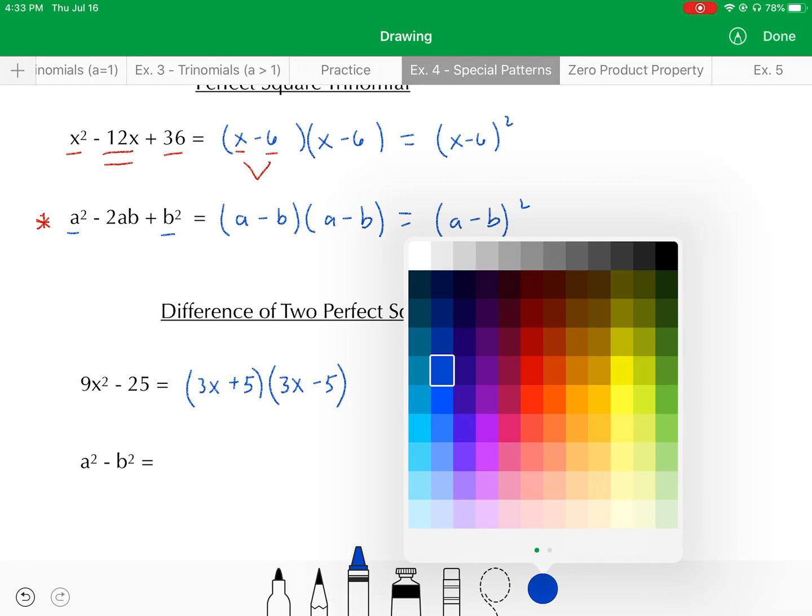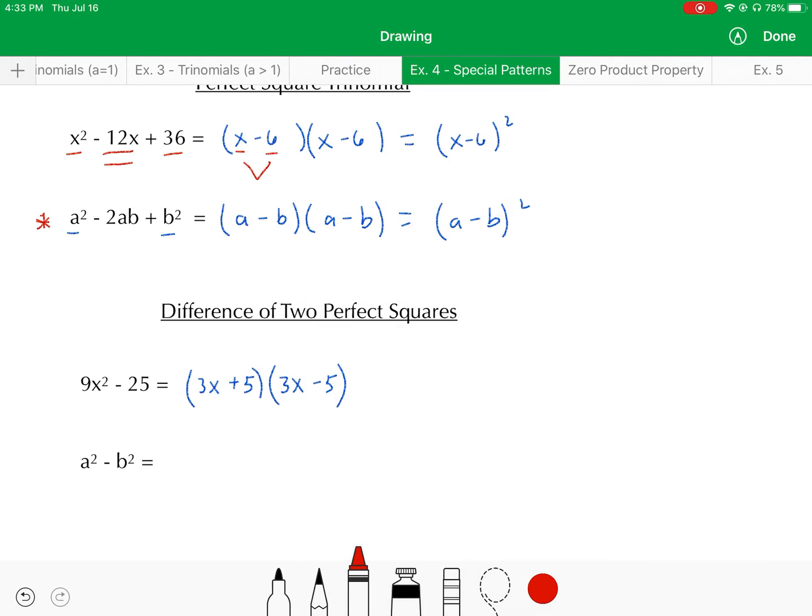And again, some relationships we want to notice here between each form. This term of 3x is the square root of the first term of 9x squared, and then this 5 is the square root of the constant. All right, and then just notice that one 5 is positive, the other is negative.